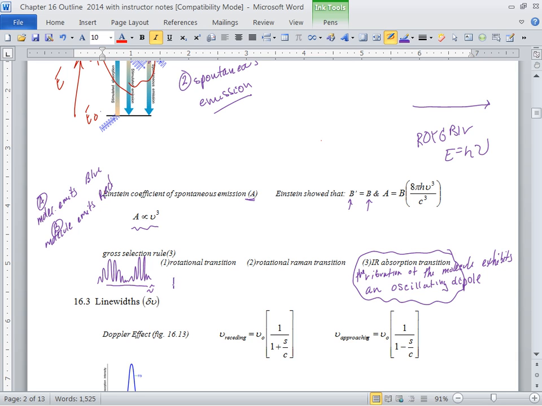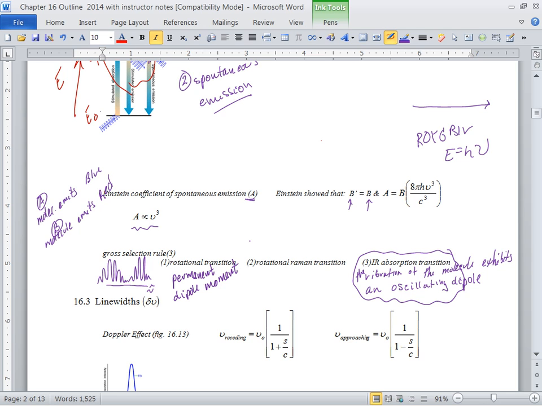But it needs to have a permanent dipole moment. In other words, the molecule has to be polar.